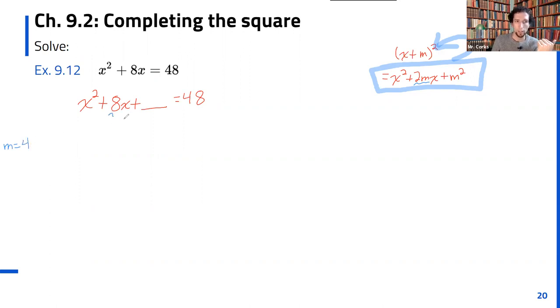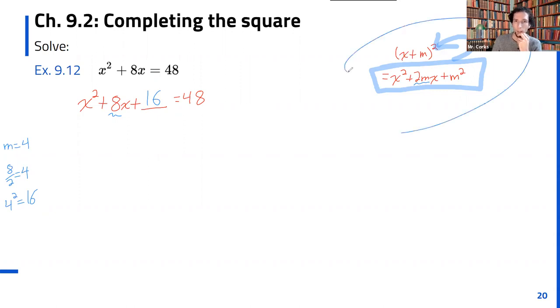We take our 8 divided by 2, which is 4. And then the c value here is that squared. So 4 squared, 16, and that is going to go here. So now we've completed the square.